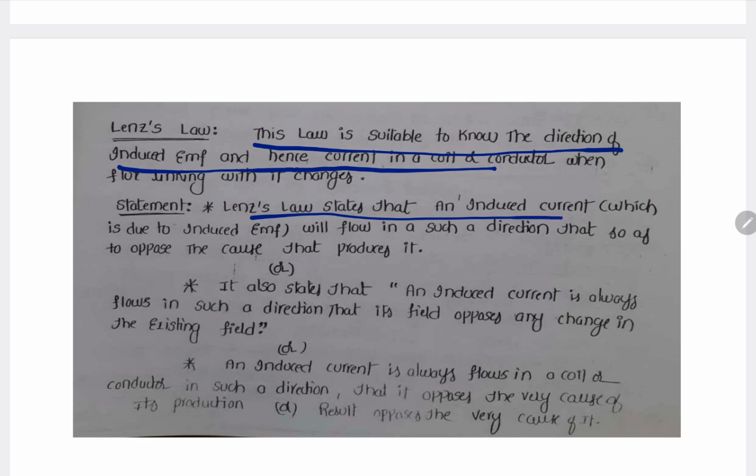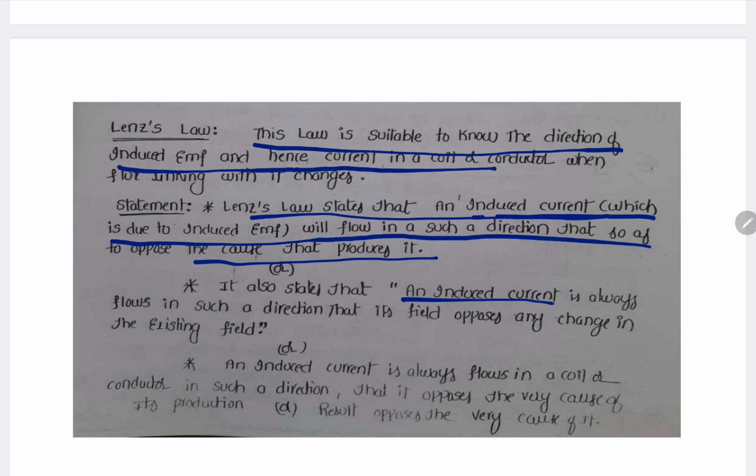An induced current will flow in such a direction that it opposes the very cause of it. An induced current always flows in such a direction that its field opposes any changes in the existing field.